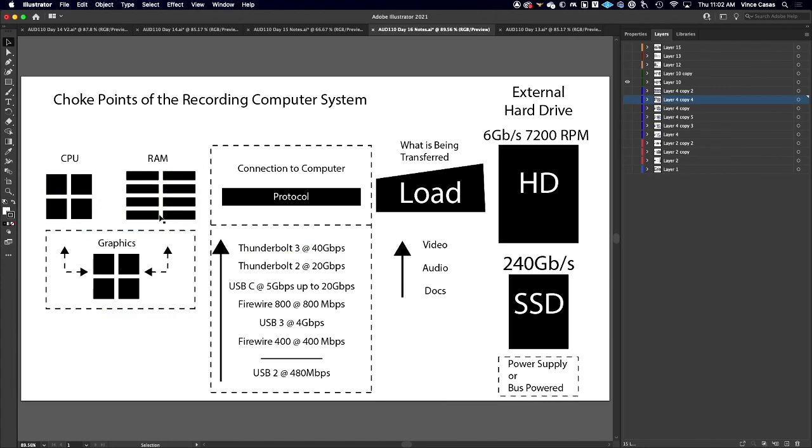And so you can actually download an app that'll test disk speed transfer rates from your computer to that system to get a sense of whether or not you're even operating at that speed. So if you were to match up a Thunderbolt 3 with an SSD, you'd be at the highest level that you could possibly be, but your computer system might not even be technically running at that level at this point in time. And that's why future updates are super important.